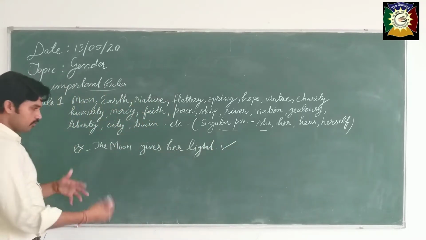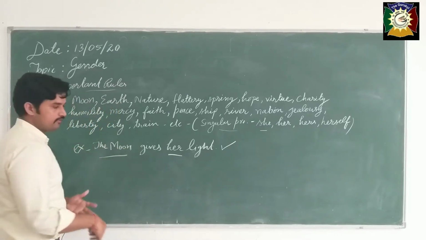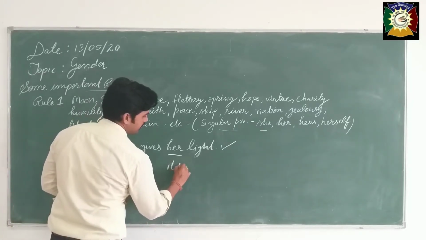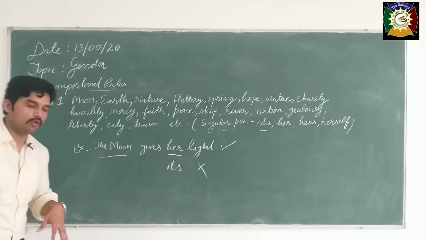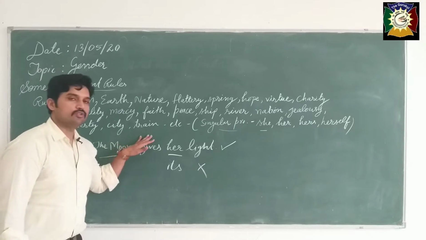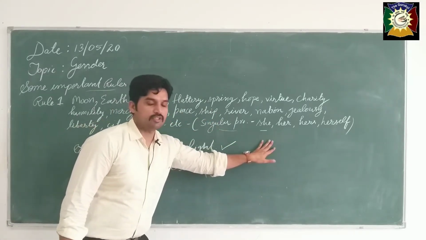If you wrongly write here, considering the moon as a non-living thing, and you write its light, this will be considered wrong. In the same way, you have to use all these genders with these singular pronouns.